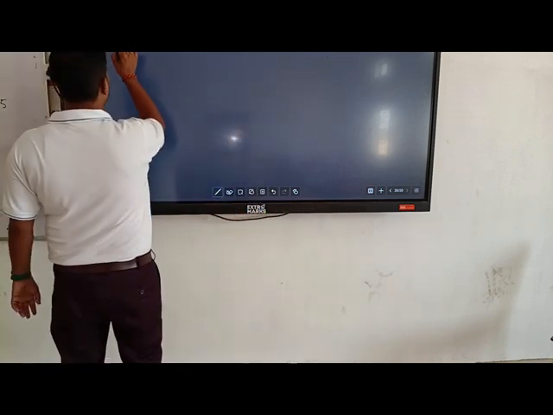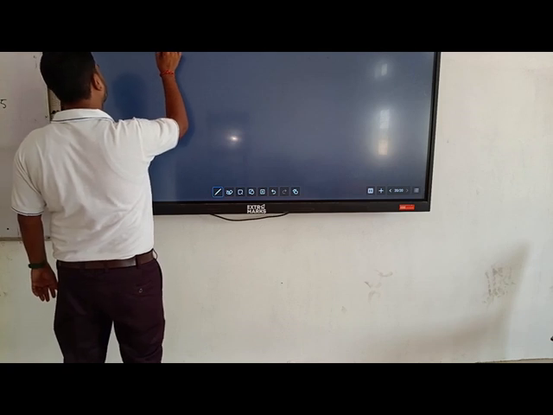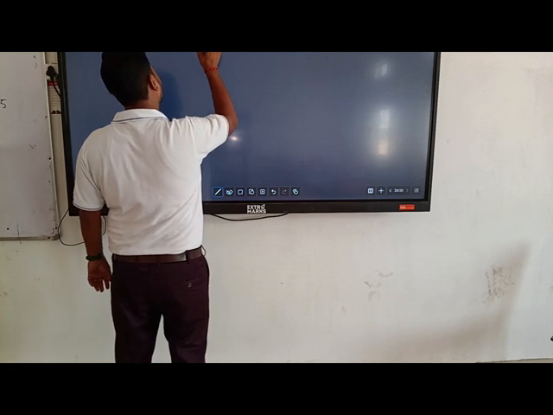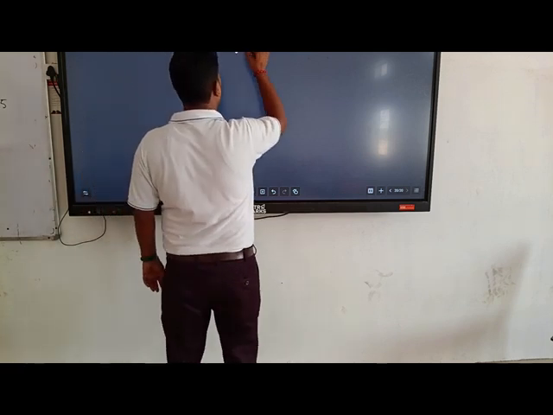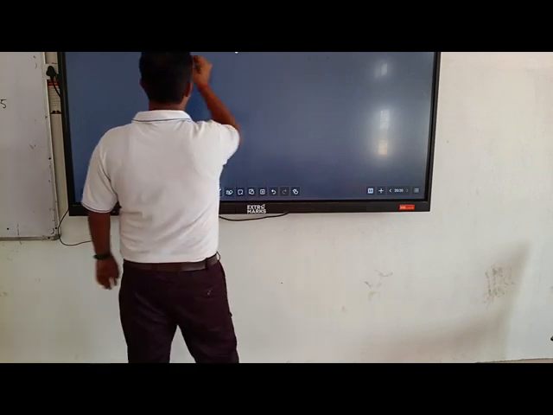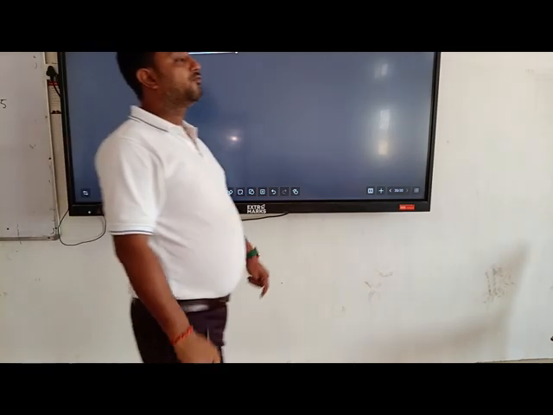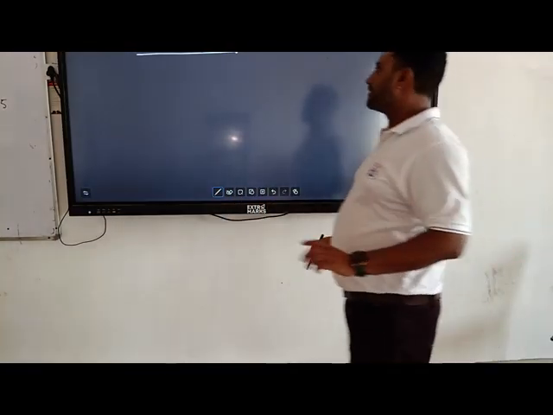Moving towards the next concept, it is the oxidation number concept. Students, before discussing the oxidation number concept, first of all we have to know what is oxidation number and what is oxidation state.